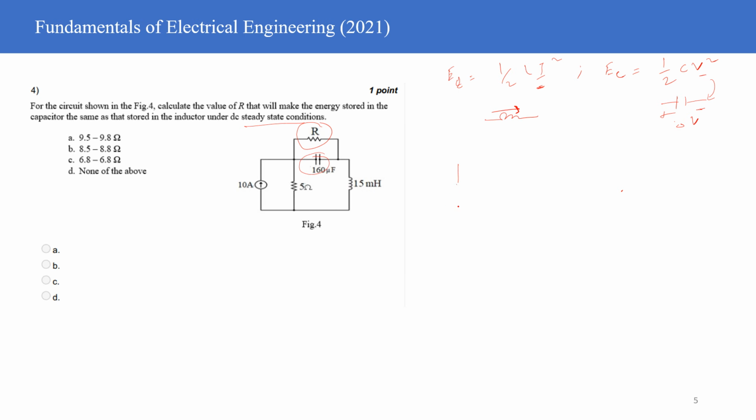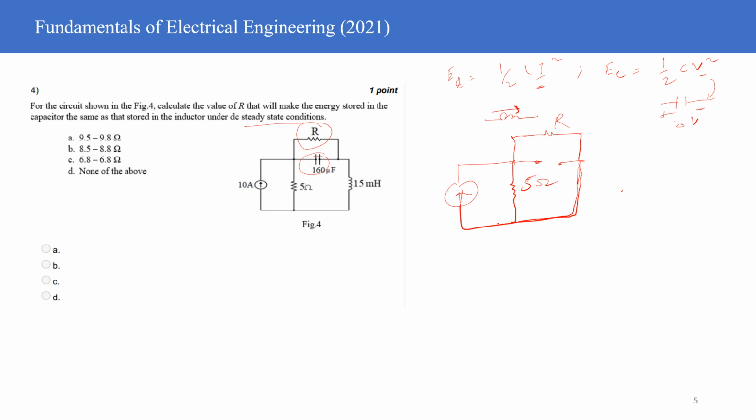So in DC state operation, you can finalize the effective network as something like this. Current R, this will be an open circuit, and the inductor will be behaving as a short in the final steady state operation, right? So this will be behaving as a short, and you have this particular network with you.